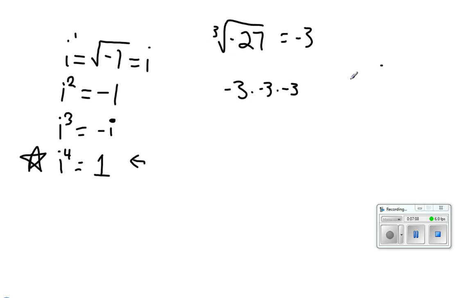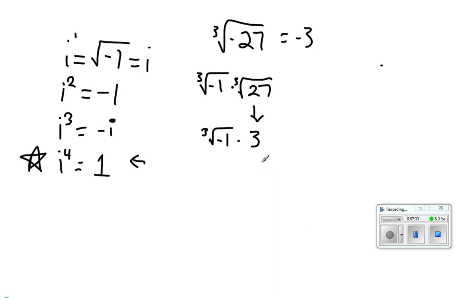If you factor the -27 into its parts, so if we say it's the cube root of -1 times the cube root of +27. Okay, because then this definitely equals 3. And then this is just the cube root of -1. And that'd be your answer.